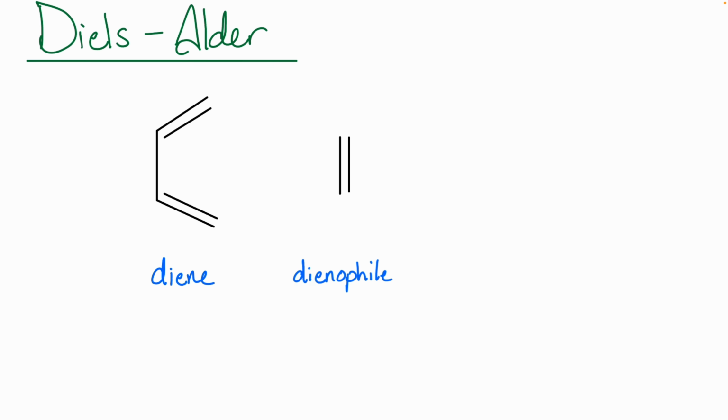Which is super descriptive, because what would a dienophile be? Something that loves dienes, all right? And we'll talk a little bit more next class period about what makes a really good dienophile. For right now, we're going to just note that it has to have a pi bond.